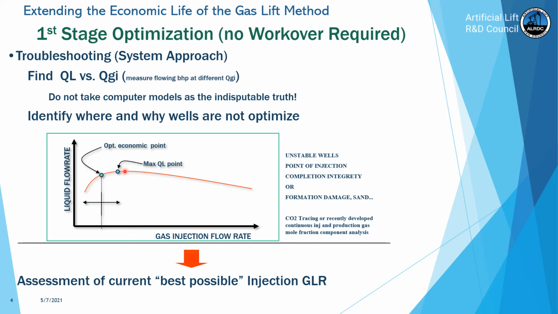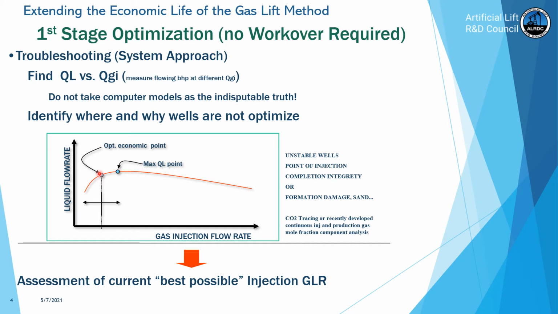Once we have the performance curve measured in this way, then it is time to extrapolate the results to the field and make sure that all well models are calibrated. Once you've done that, then you should be able to find this optimum point of injection by applying programs like GAP or PySimNet to correctly perform gas allocation.